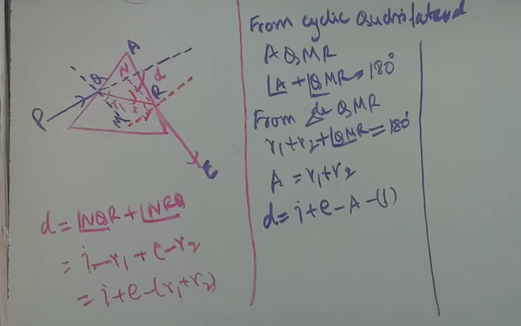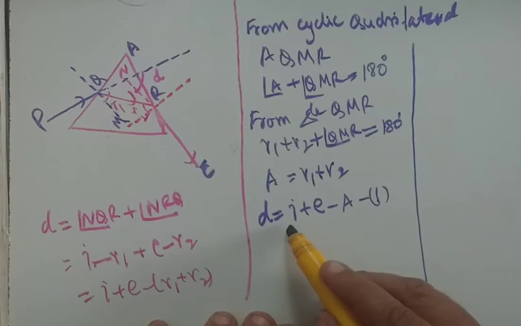How to do that? By using a geometrical idea and an experimental idea combined. That is, once we start doing an experiment with increasing angle of incidence, measuring the deviation, the graph we get, using that graph we can derive the expression.